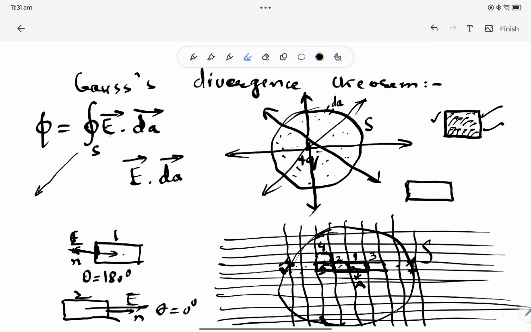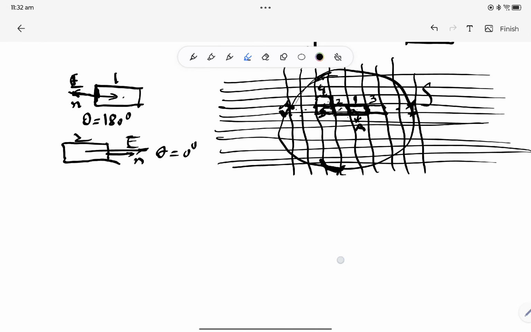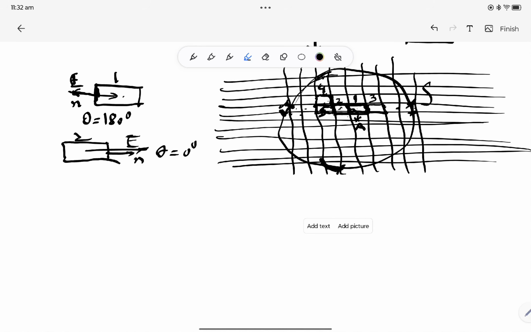And in that process, all flux through the inner surfaces will cancel out, leaving us only flux through the outermost surface. Suppose we do it now. Let us begin. Let us take one of the cubes from among them.